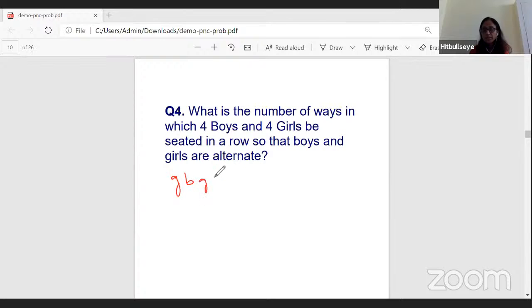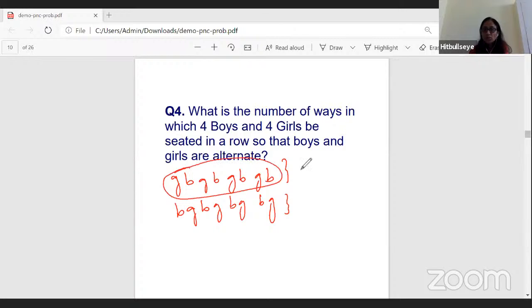A girl, boy coming 4 times. Or I can begin with a boy. So boy, girl, boy, girl pair coming 4 times. These are the 2 arrangements possible. But please remember, in any one of these arrangements also, there is a lot of things possible inside. What is that? So Ananya's answer is 1152. Zoya's answer is 576. Any more answers?